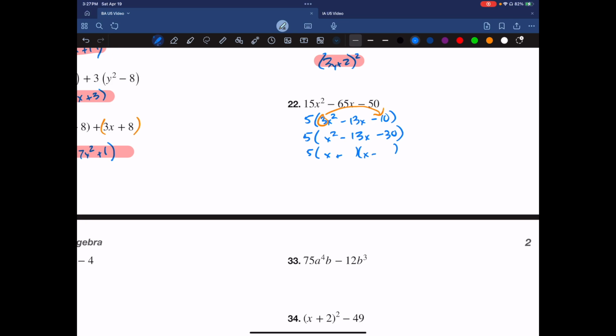It's going to be plus, minus. So what times what is 30 and adds or subtracts to 13? Well, now, because my signs are different, it's going to be plus 2 minus 15. Okay, let's see. So I'm going to divide by 3, both of these. The 2 over 3 is not going to reduce any further, so I'm going to kick that 3 up. And then this is going to be 5 times (3x plus 2), and then (x minus 5).